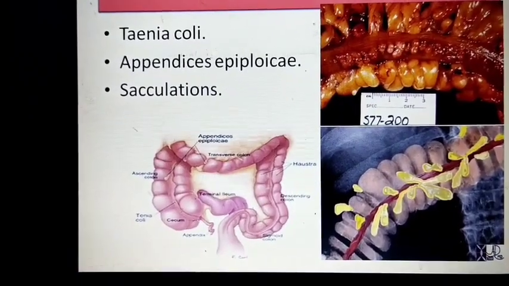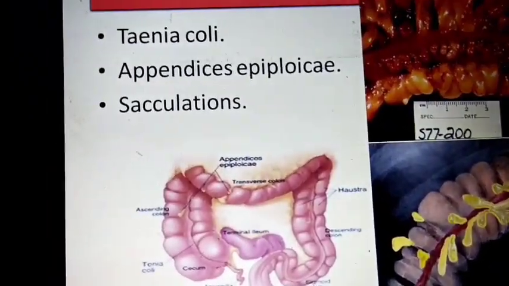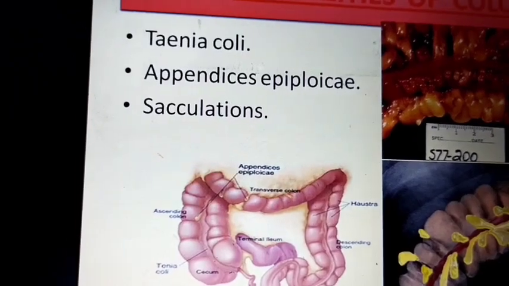These are pouch-like structures of a large intestine.